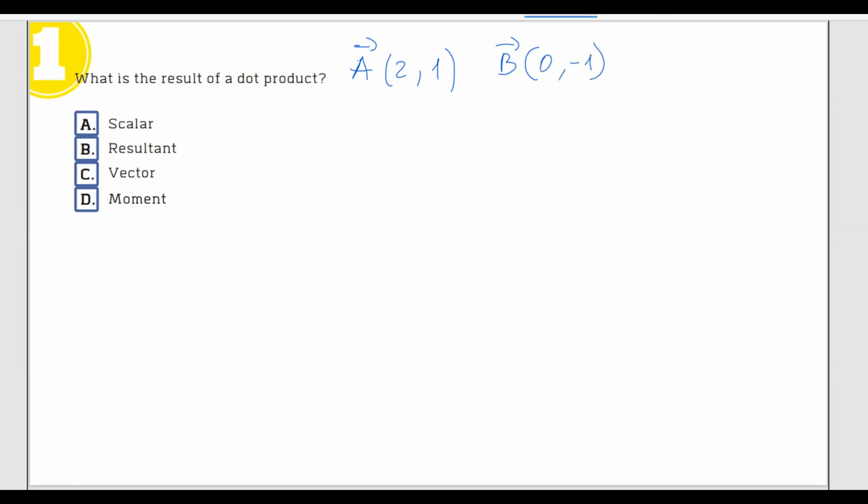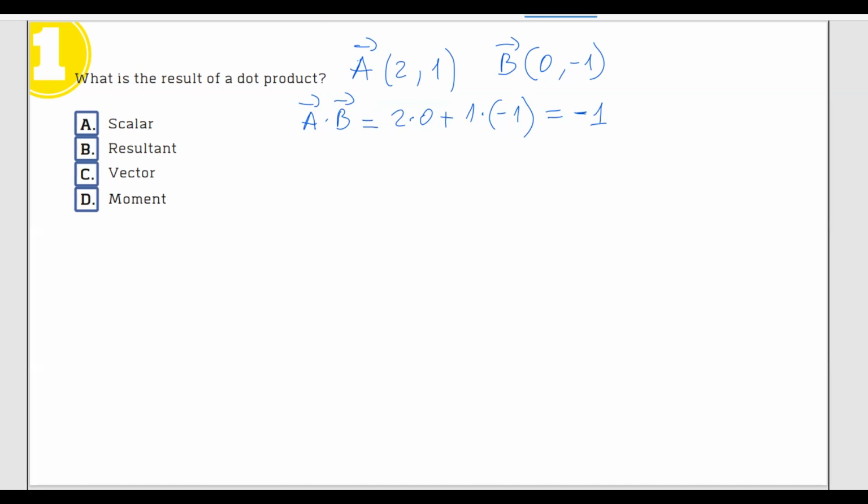Then I'll use the formula where I multiply the corresponding components. A dot B equals 2 times 0 plus 1 times minus 1, and I get that A dot B equals minus 1.